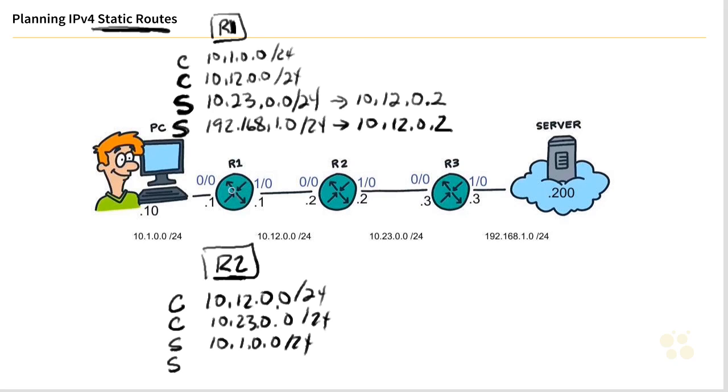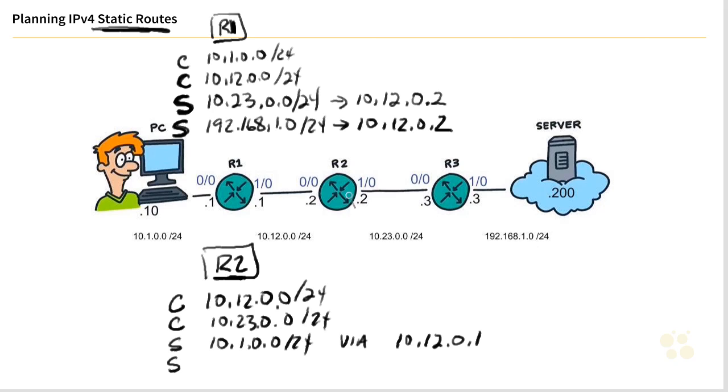And the answer here is R1. And so because this is Ethernet, we'd want to put the IP address of that next hop, which would be R1's 10.12.0.1. So I'll put via here 10.12.0.1. Perfect. All right, now R2, once that's configured, has a static route that says, I know how to forward packets if they're going to 10.1.0.